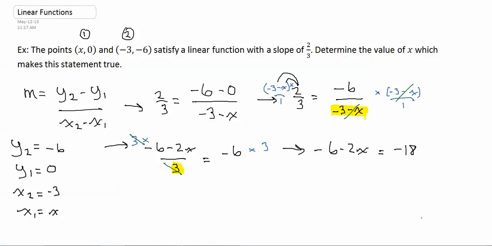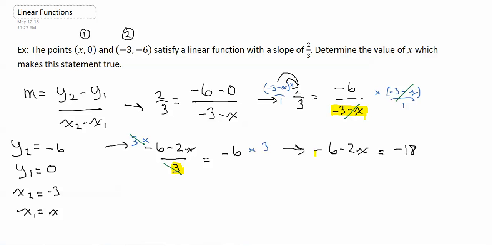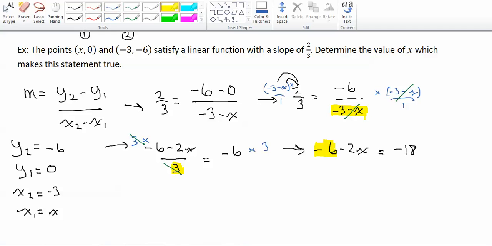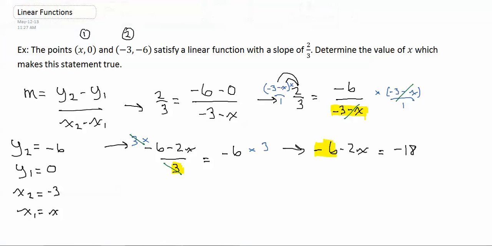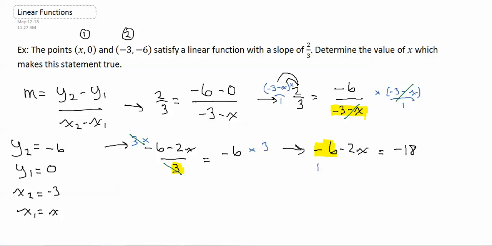So from here, we're going to solve by taking out this negative term. So if I need to remove a negative 6 that's being added, how do I do it? Well, what I'm going to do to both sides is I'm simply going to add 6 to both sides. And we'll simplify and see what we get.